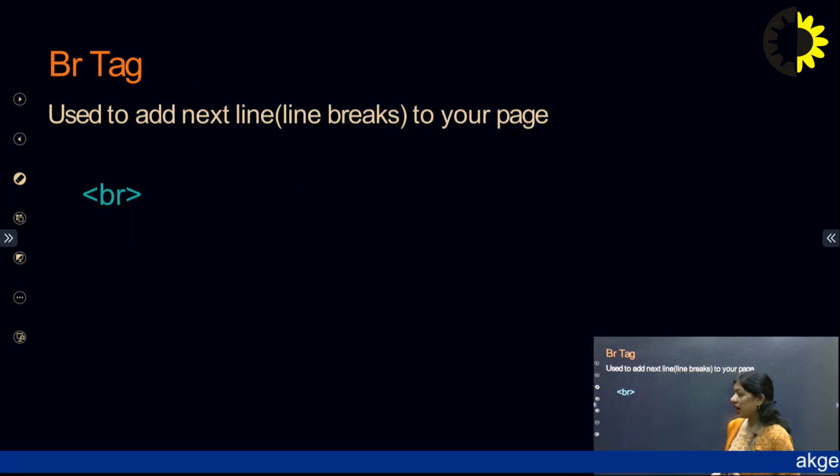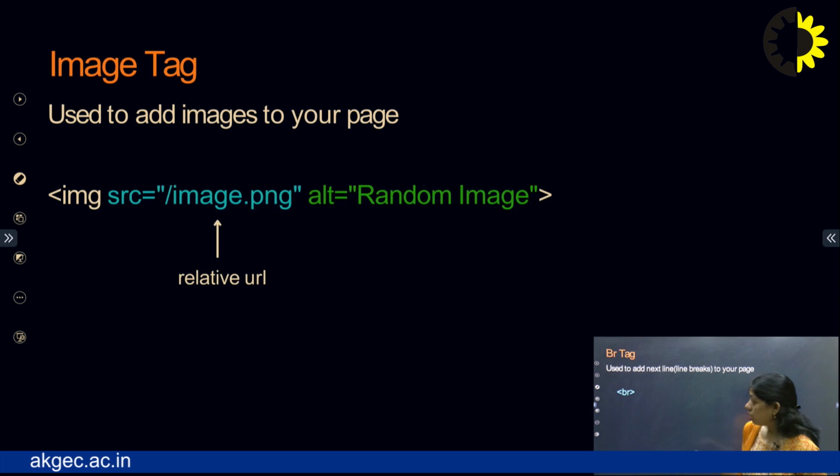Next is BR tag, which we frequently use in our web page for adding next line or line breaks to our web page. BR tag is also known as empty tag. Why we call this empty tag? Because in BR tag we don't write any kind of content, as we write anything in our paragraph tag, as I showed you earlier.